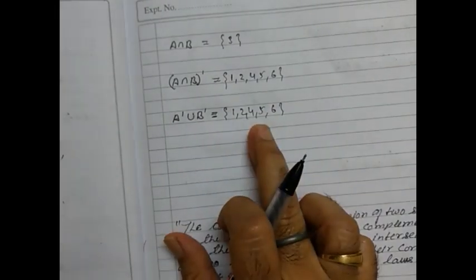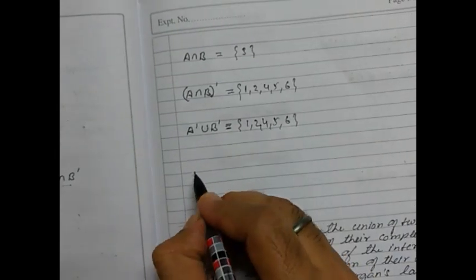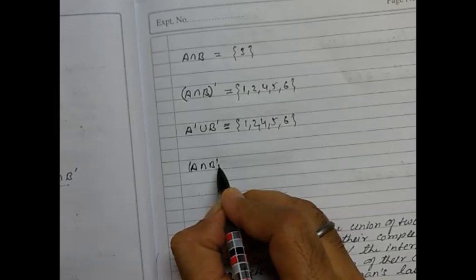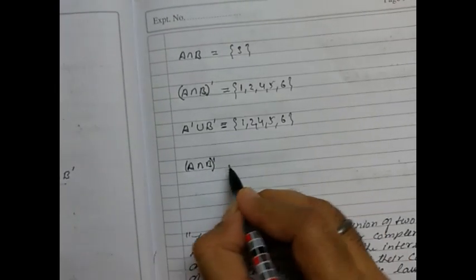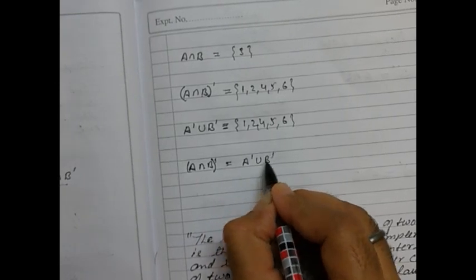So this is what we get. And if we see the relationship, it says that A intersection B whole complement is equal to A complement union B complement, isn't it?